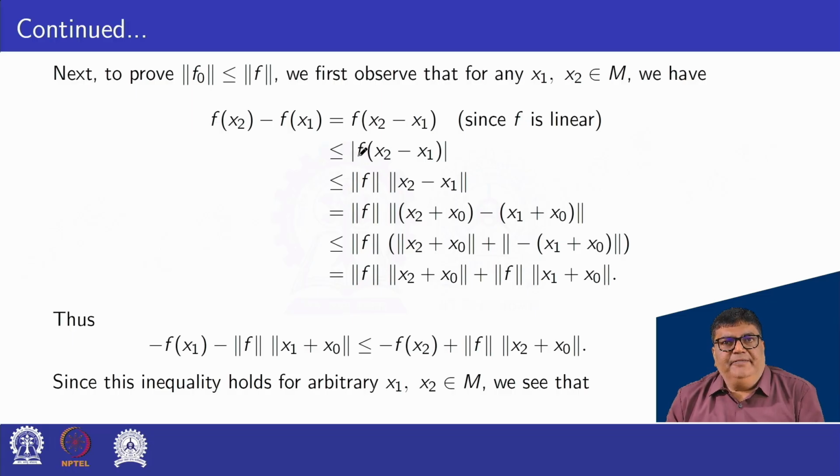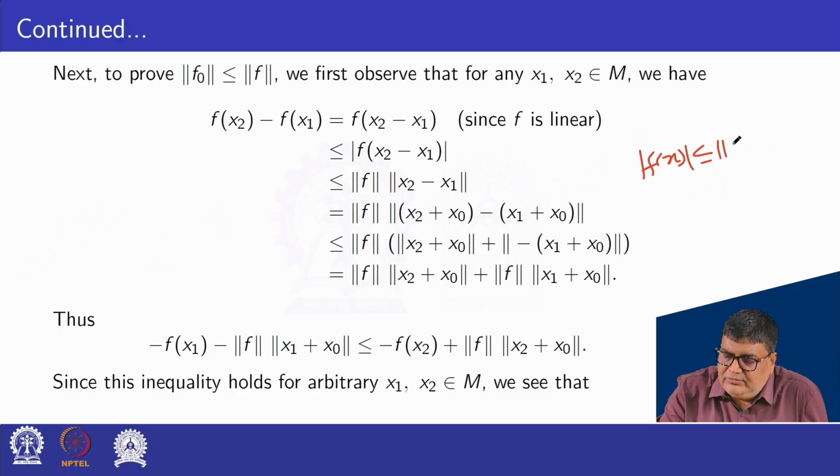Since f is a linear functional, we know that if f is a linear functional, then mod f(x) less or equal to norm f norm x. So by this property, this can be written as norm f into norm (x2 minus x1). Okay, here we have added x0 and subtracted x0. There is no change in this norm value.